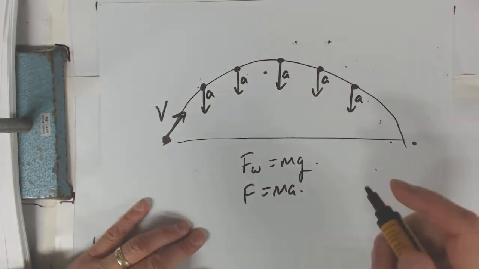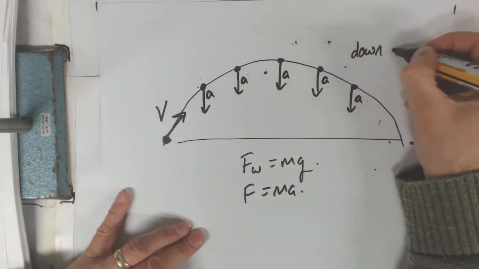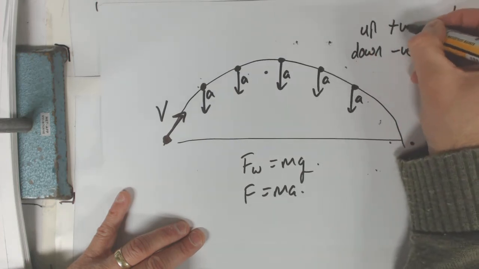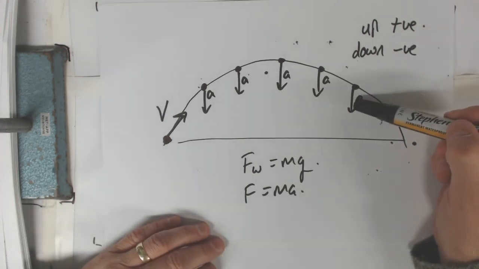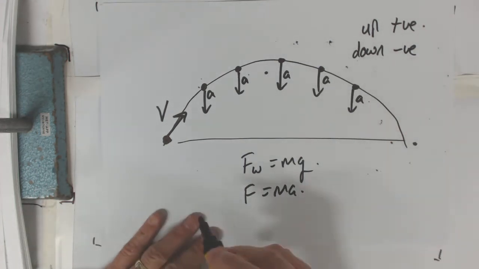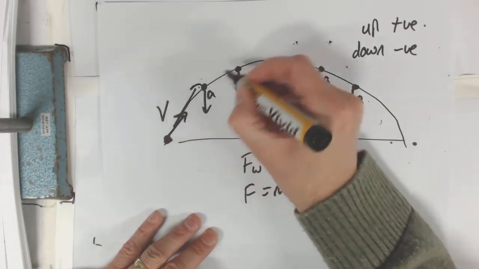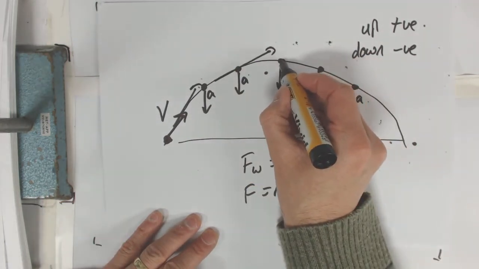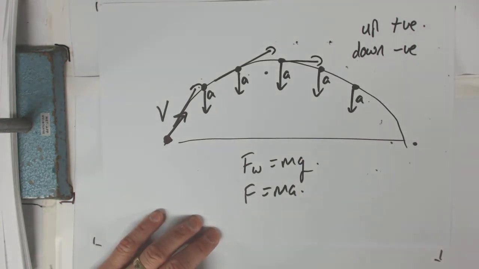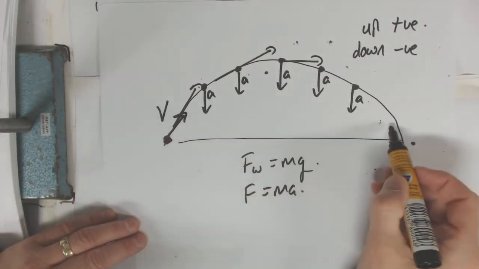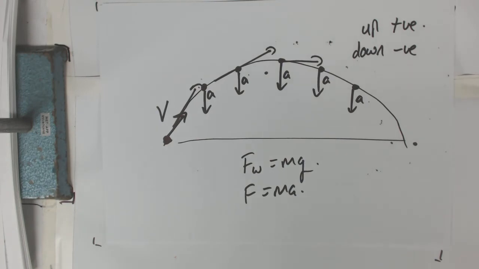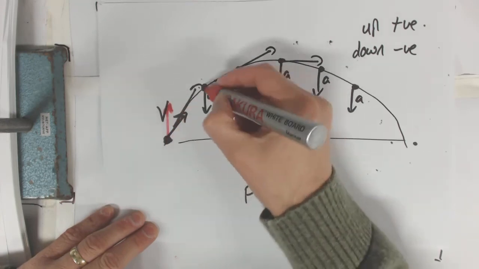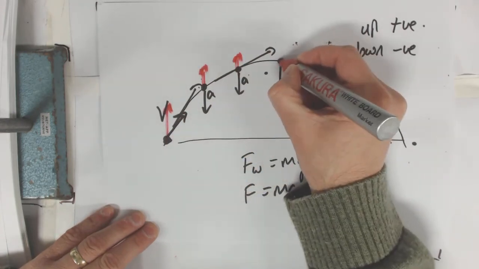And if you call down negative and up positive, then the acceleration stays negative the whole time. But the velocity, which is at different angles the whole way through, has different components. Its horizontal component stays the same, but its vertical component going up is positive. So if I just draw the vertical component of the velocity, then here, like that, slowly getting smaller until it's zero.